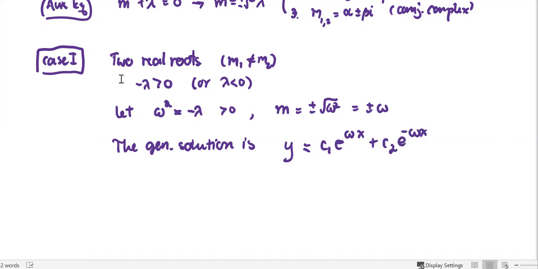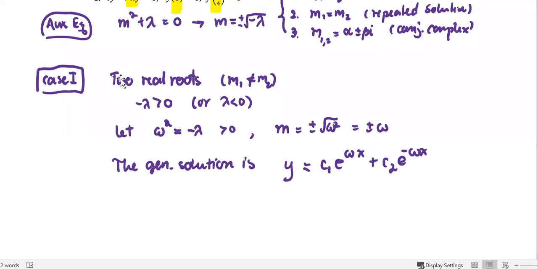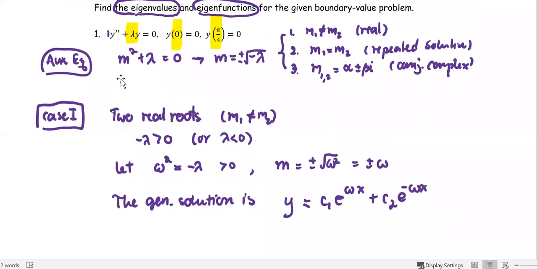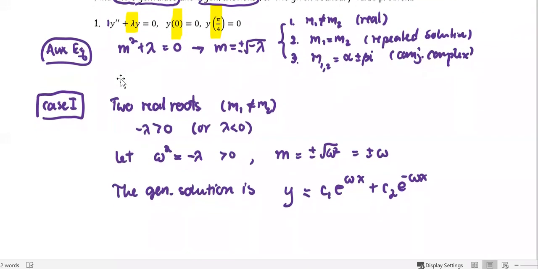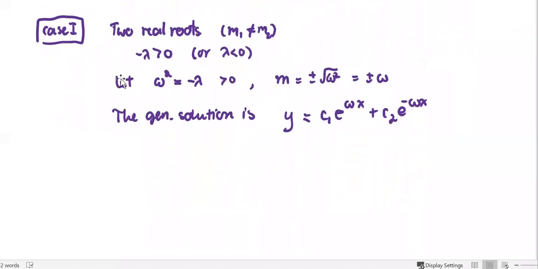Okay, the same pattern of what you did in chapter 4. And then from the two conditions provided, y at 0 equals 0, y at pi over 4 equals 0, we're going to use these two conditions to find C1 and C2.